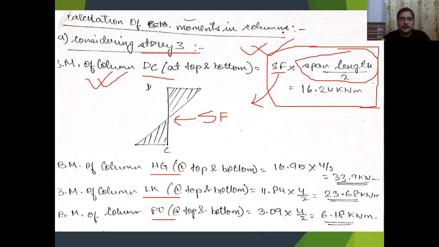So basically, the final thing is that in the cantilever method, first we calculate the shear forces in columns. Second, we calculate the bending moment in columns.